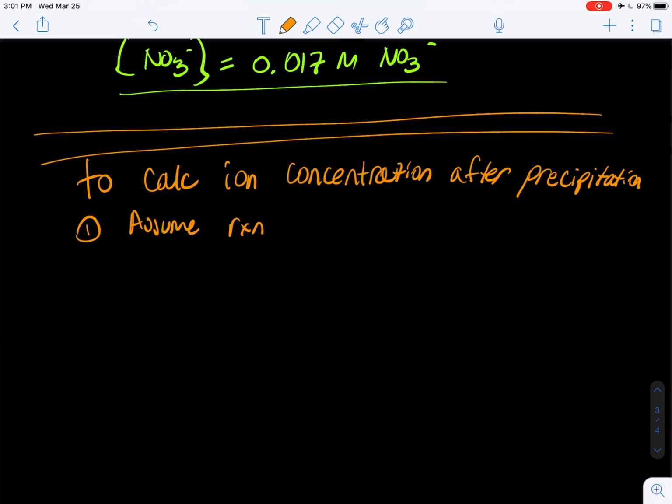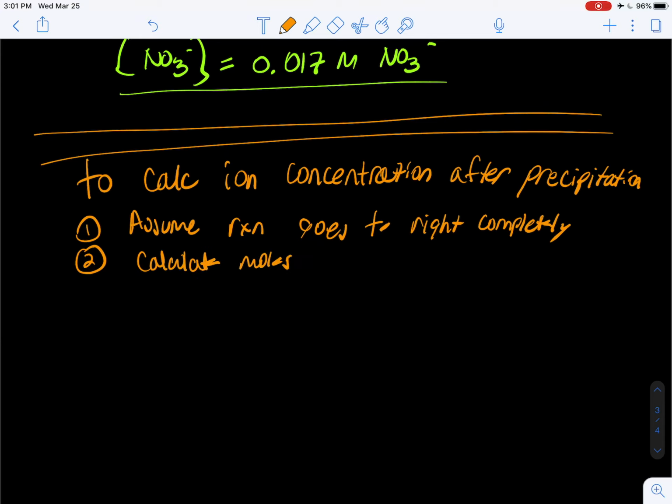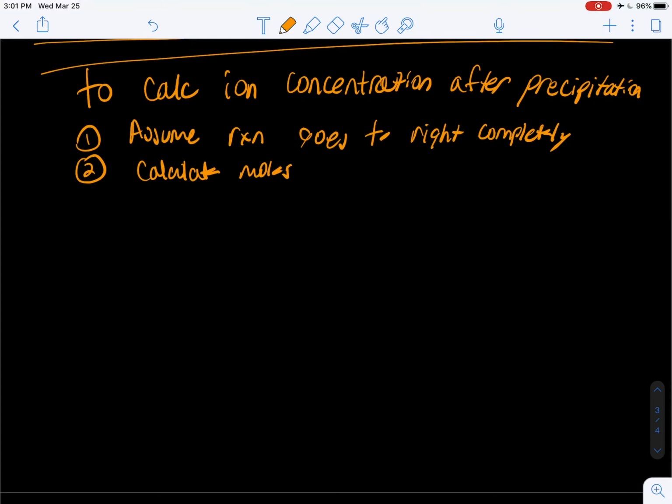And we're talking about the precipitation reaction. Okay, and we calculate moles. Okay, and maybe I'll just do an ICE table just to organize it since we're getting more familiar with that.